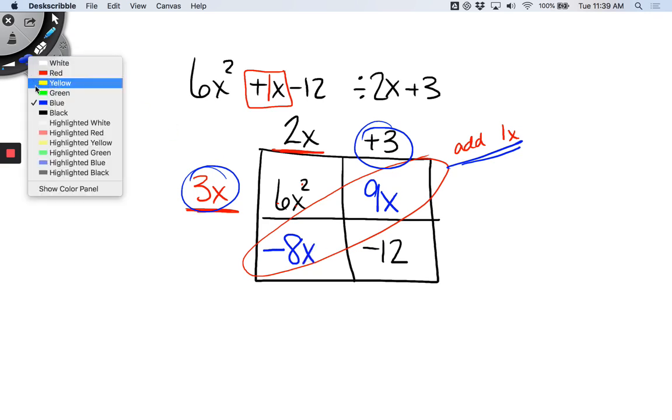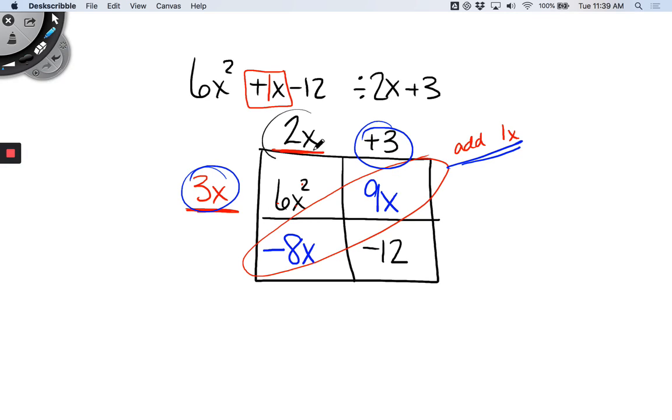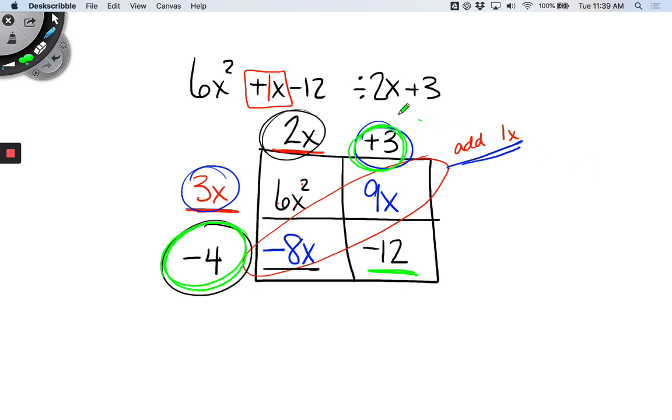Now I can figure out the rest of my grid. 2x times what has to give me negative 8x? So that would be negative 4. But then I'm just going to verify by saying, hey, is negative 4 times positive 3 negative 12? Yes. So since this is this binomial they gave me, the other one is this.